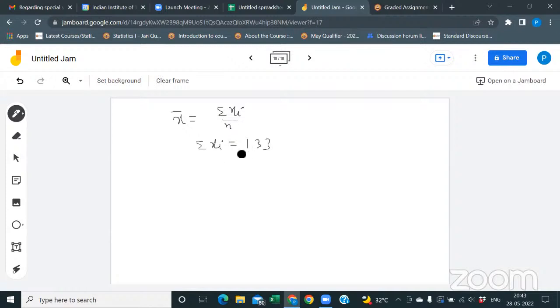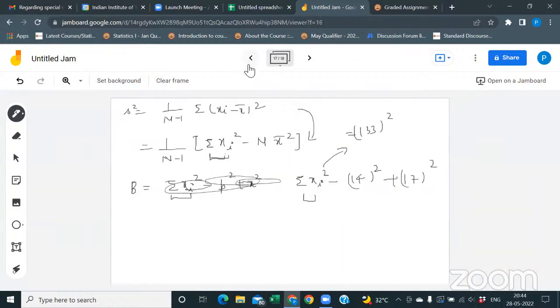Now you are saying summation of xi square as 133 square, right? No. Yes, now I got it, because 133 square means summation of xi whole square. Yes, it's clear now.